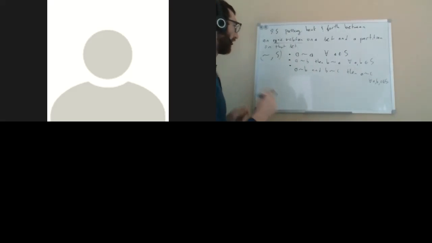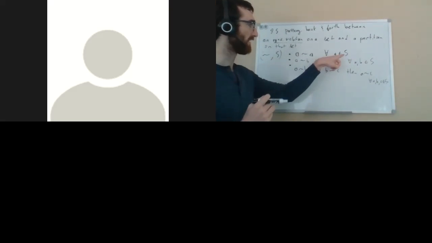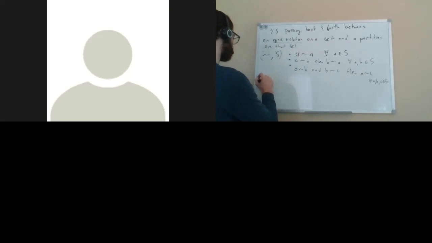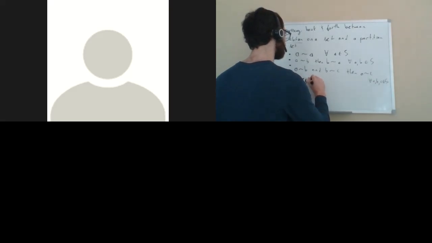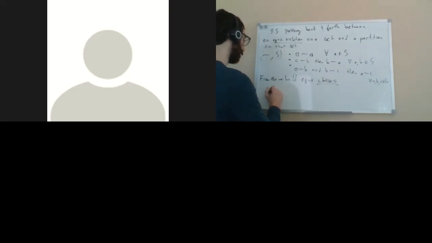Yes. Okay, so the point is, from this data of an equivalence relation, we're going to build subsets of S called equivalence classes. Let's call it the class of A, using this box notation.